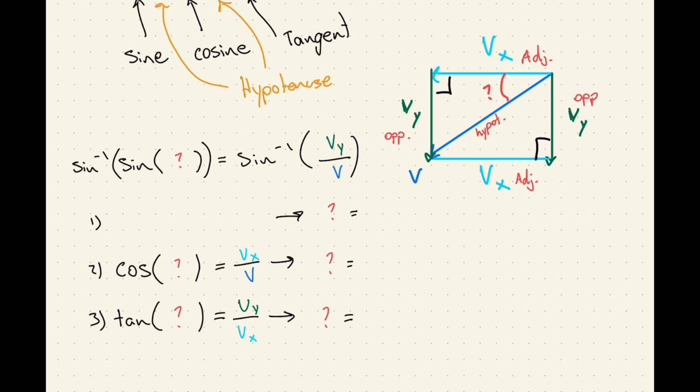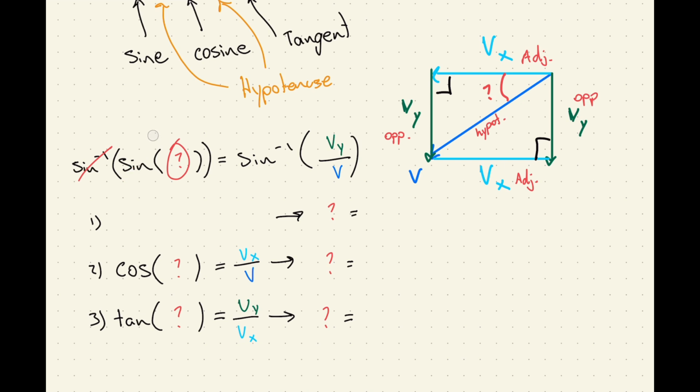Then on this side over here, I have this sine canceling with this sine, and I just isolate the question mark. So that's why I wrote a question mark over here. And on this side, I am left with this new kind of equation. So that is how you isolate these kinds of equations.